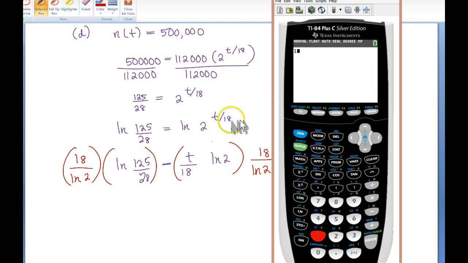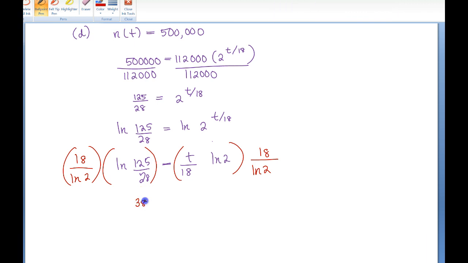So I have 18, divided by ln of 2, and we want to multiply that by ln of 125 divided by 28. We get 38.85. So 38.85 years.